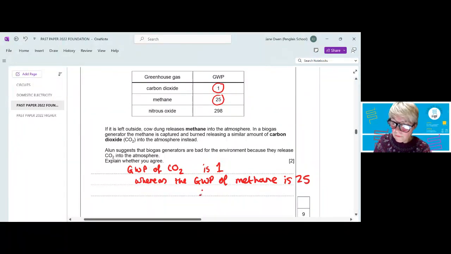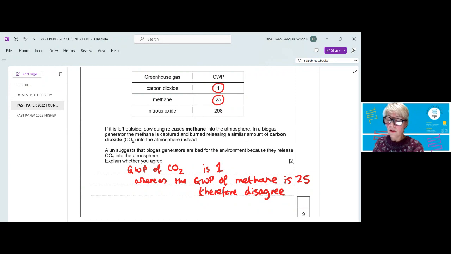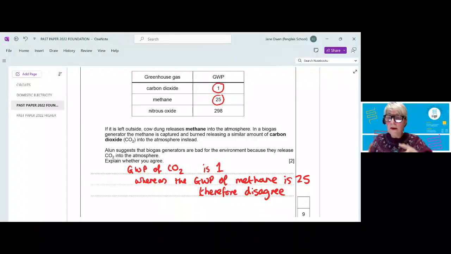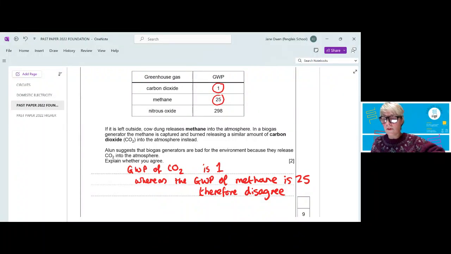Okay, therefore disagree, because CO2 is not as bad as methane. So they're just asking you to deal with the data. You don't have to give your personal opinion, like saying CO2 is bad. You've got to base it on the evidence and the information that's in front of you.